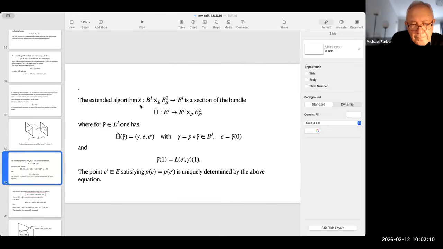So the extended algorithm S tilde is a section of a bundle like this, which I call P tilde. And it's given by this formula.